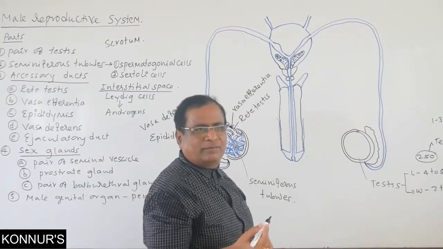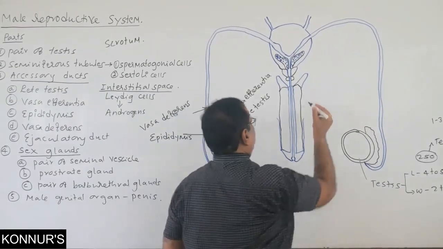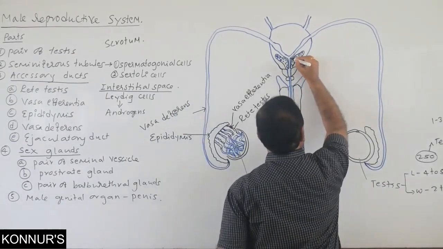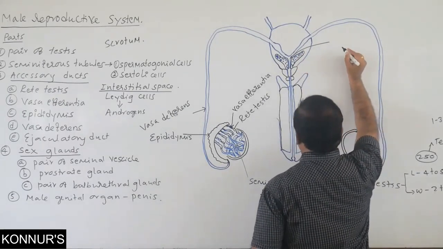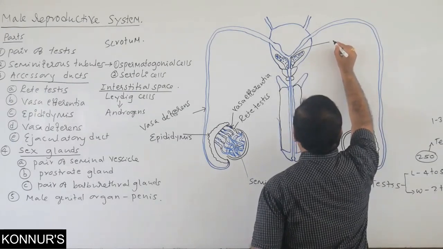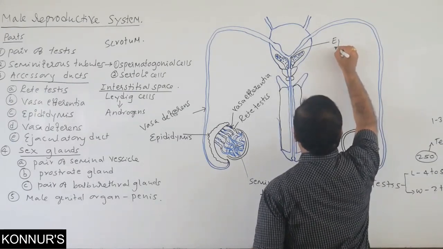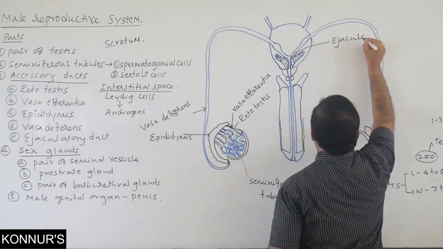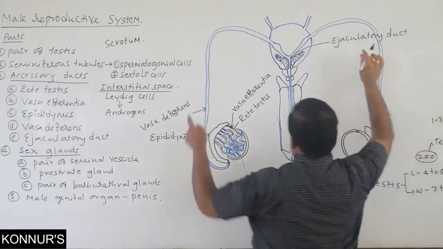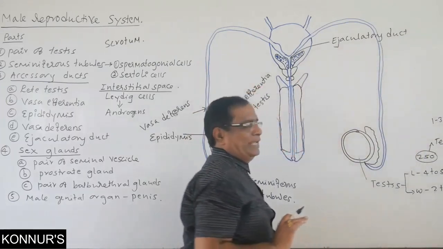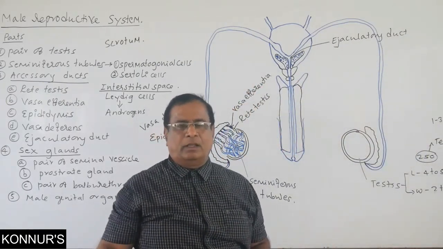These two vasa deferens ascend to the abdominal cavity, and they join to form the ejaculatory duct. Both of them are joined to form the ejaculatory duct.